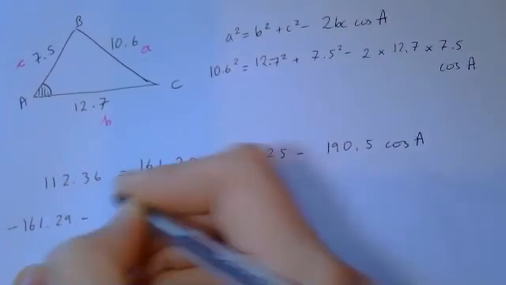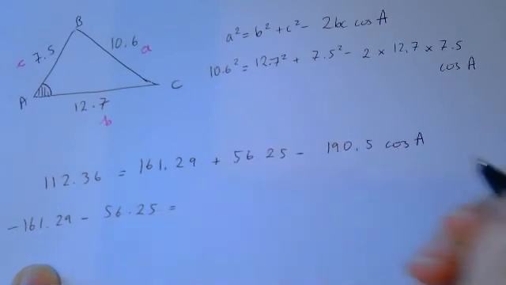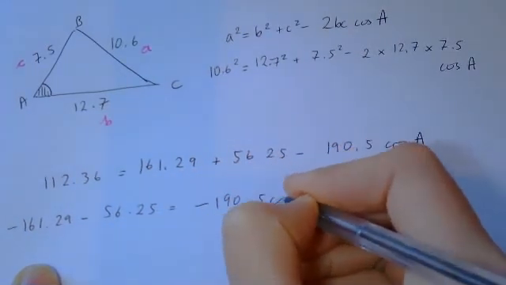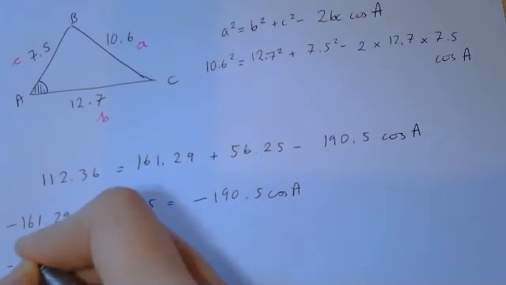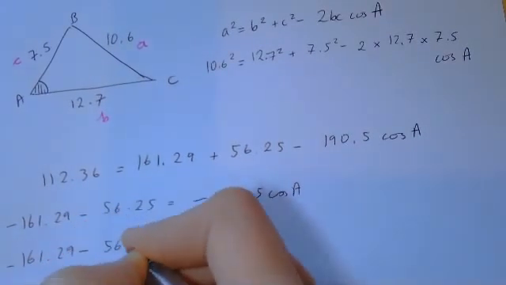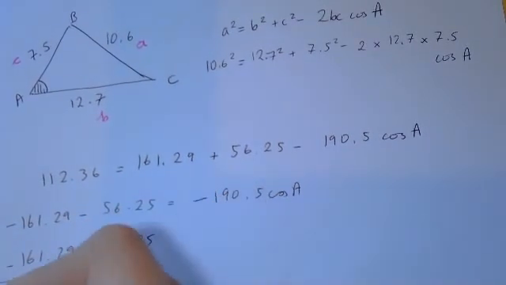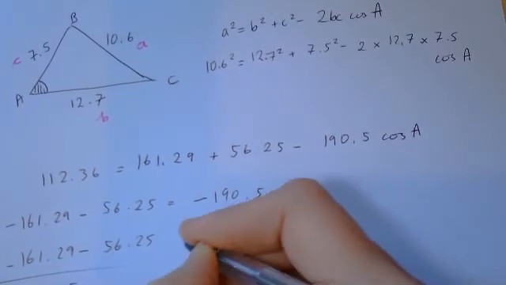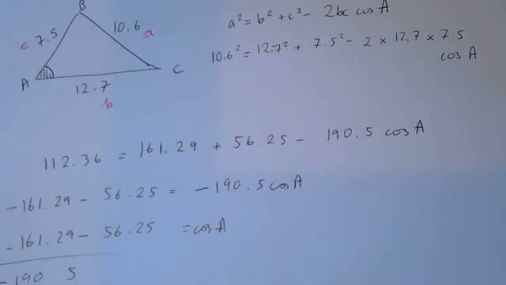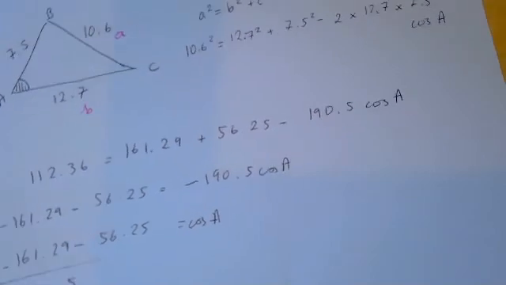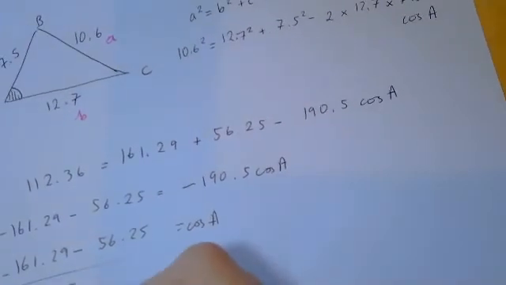Okay, so let's rearrange it. 112.36 minus 161.29 minus 56.25 equals minus 190.5 cos A. Then I'm going to divide by the 190.5, over minus 190.5 equals cos A. Right, 112.36 minus 161.29 minus 56.25 over minus 190.5.